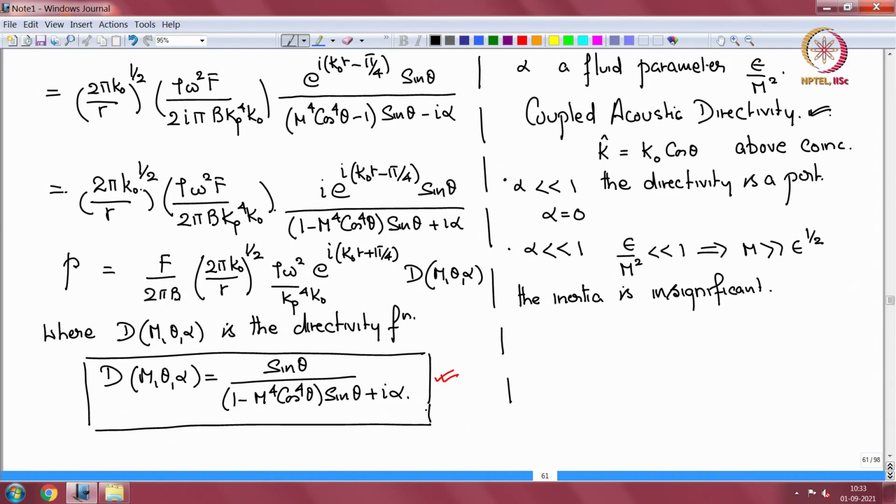Okay, that means uncoupled analysis is good enough.